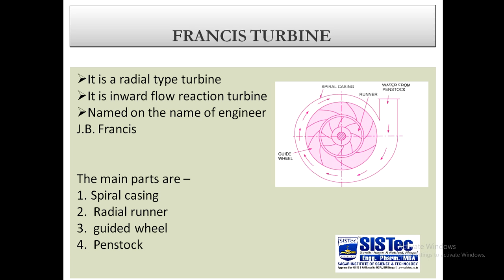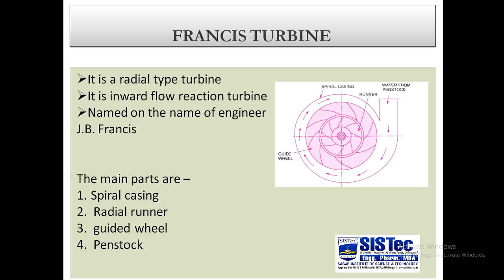This new lecture consists of the reaction turbine, and the example of a reaction turbine is the Francis type of turbine. The Francis type of turbine is a radial type turbine.